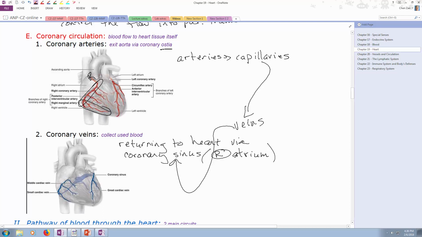The left coronary artery, which is kind of ghosted out in this picture, is going to come out behind the pulmonary trunk onto the left side of the heart. One of the things that you have to realize is this picture, when you take a close look at it, makes it look like the left coronary artery is about a couple of inches long. And I want to tell you, you're lucky if it's a centimeter long.